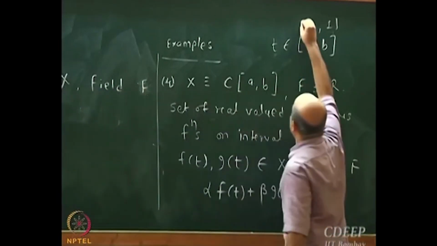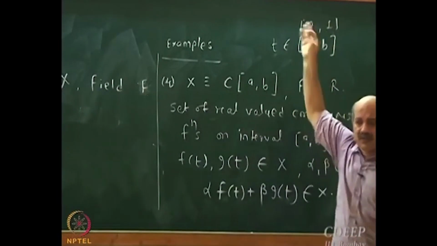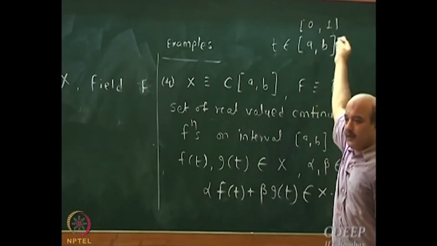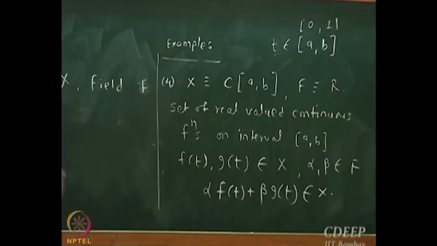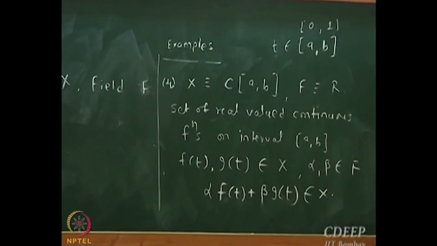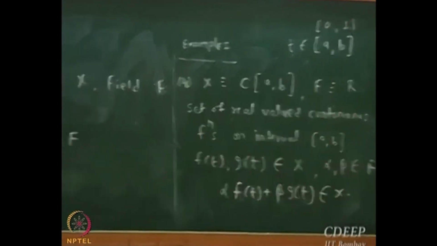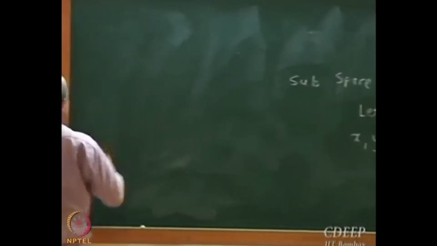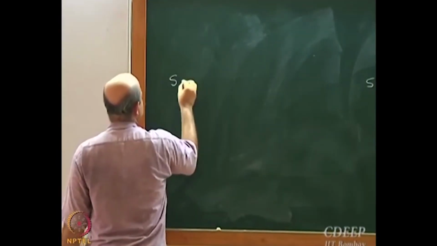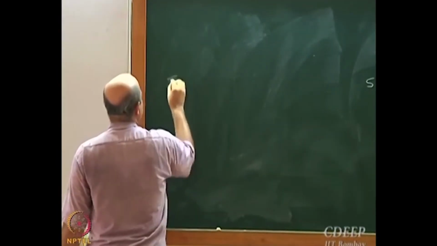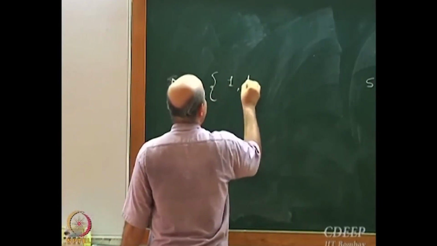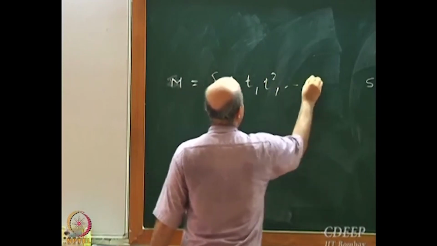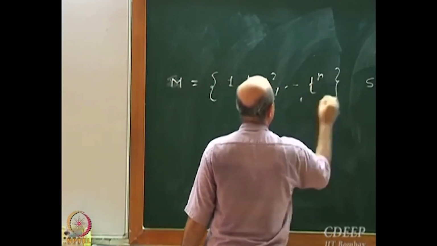Let's say they are defined over a to b, or 0 to 1 if it is convenient for you to imagine 0 to 1. What will be that set? Let me take this set, which we call M here: 1, t, t square, up to t to the power n.